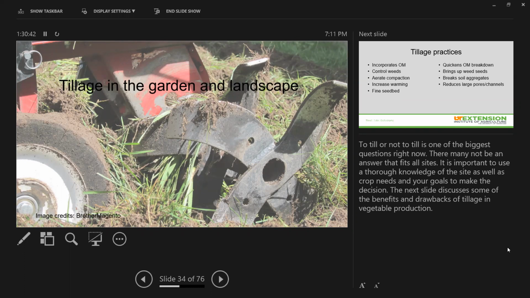How big of an area are you having to till? And if you can do minimum till, please do that. So not one solution is going to fit all sites. Everything is different, but it is important to have a thorough knowledge of that site.